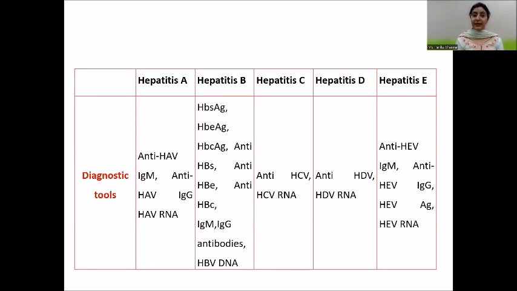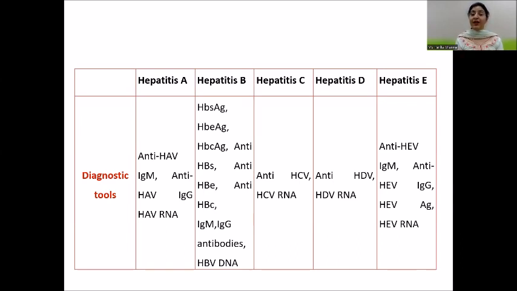Hepatitis A को diagnose करने के लिए हम टेस्ट करवाते हैं anti-HAV IgM, anti-HAV IgG and HAV RNA. ठीक है, हेपेटाइटिस A वायरस HAV उसके अगेंस्ट हम क्या देखेंगे, anti-HAV IgG antibodies and anti-HAV IgM antibodies. उसके साथ में हम तीसरा टेस्ट क्या करेंगे क्वांटिफिकेशन करने के लिए, what is the load of the virus, HAV RNA टेस्ट. रिमेंबर आपके पास जितने भी ये 5 वायरस हैं, apart from hepatitis B which is a DNA virus, otherwise hepatitis A, C, D and E, they are the RNA virus. तो आप क्या चेक करोगे, HAV RNA चेक करोगे.